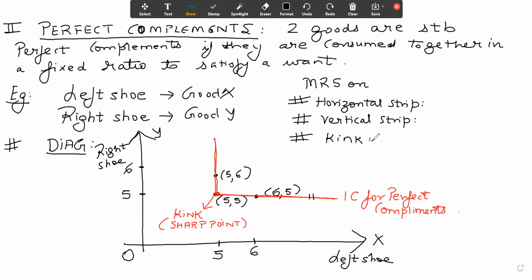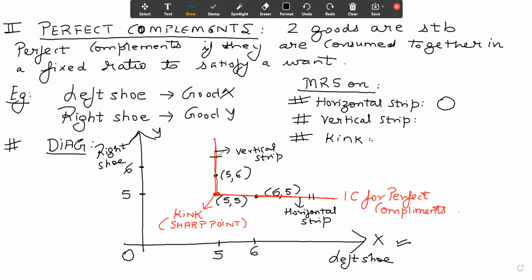So guys, what will be my slope on the horizontal strip? This is my horizontal strip. This is my vertical strip. And you can clearly see the kink. Now, in mathematics, we know this very well that any line which is parallel to the x-axis has slope equal to 0.